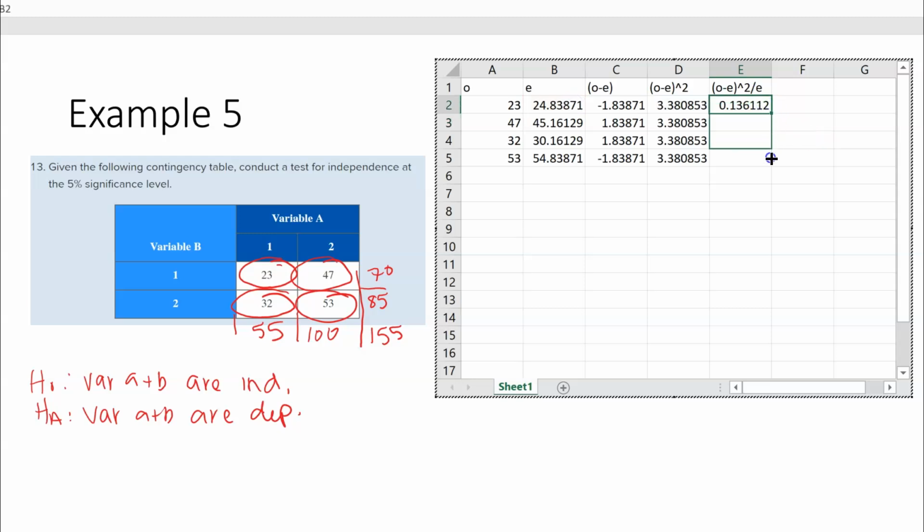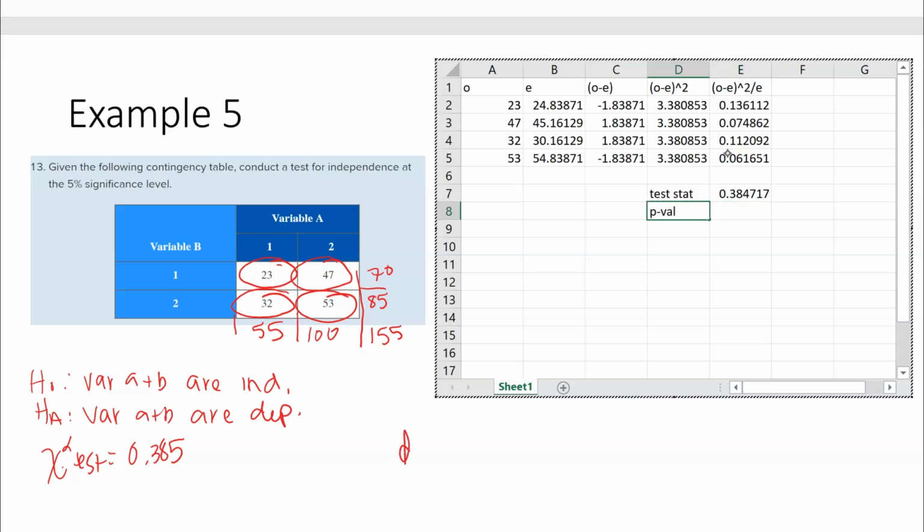Our test statistic is equal to the sum of this column. So our test statistic is 0.385, and for our p-value, we need to get our degrees of freedom. We've got 2 columns and 2 rows, so our degrees of freedom is 1 times 1, which is 1.